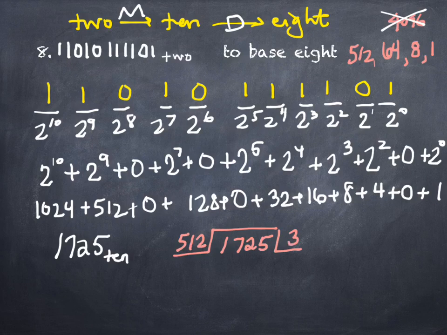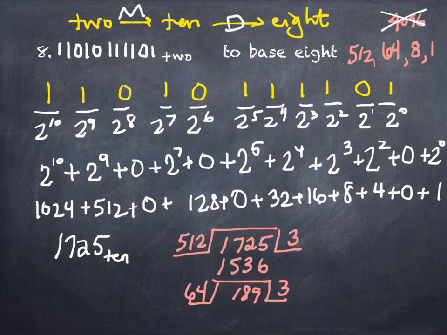This will go in 3 times. 3 times 512 is 1536. So 1725 minus 1536 is 189. 189 will then be divided by the next power down from the 512 and the 8s, which would be 64. This will go in also 3 times. 3 times 64 is 190.